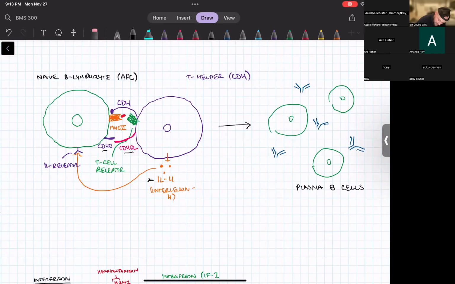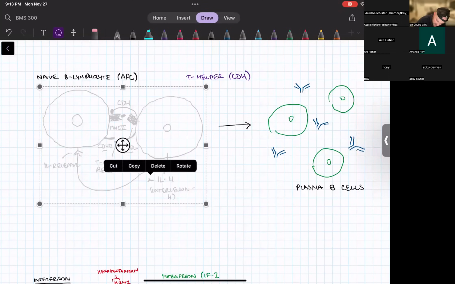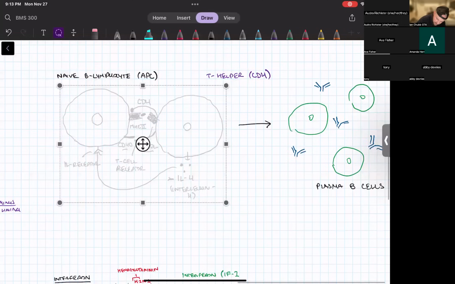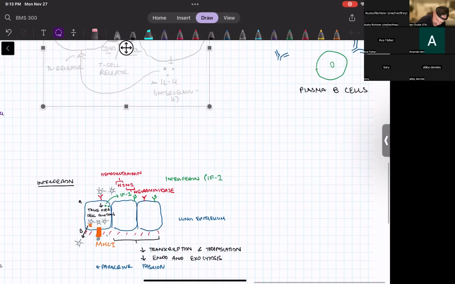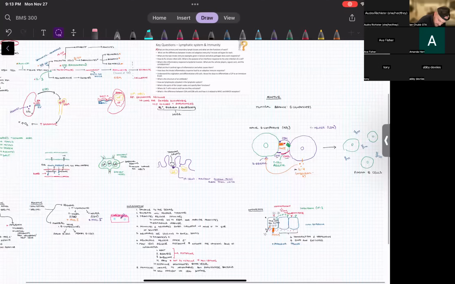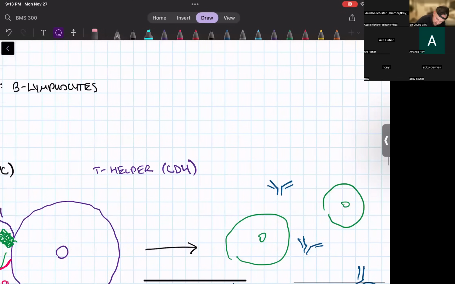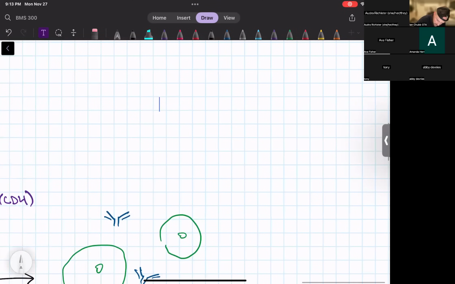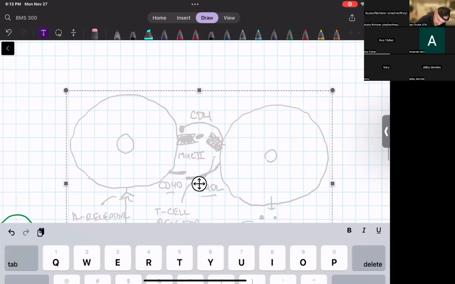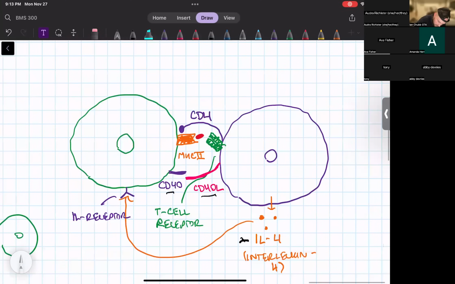Now, I'm just going to copy and paste this. We can do another one. Essentially all we're changing is this receptor here.